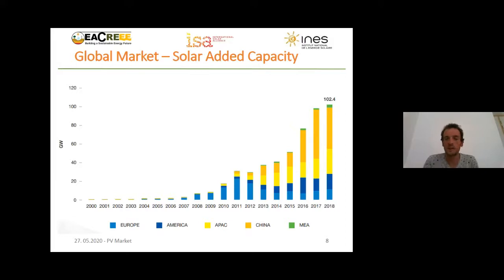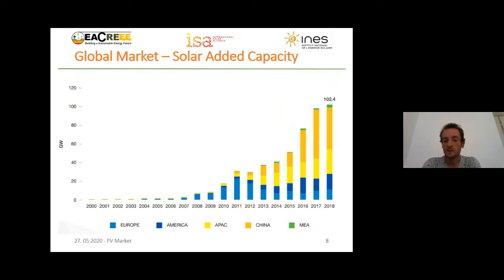So let's go back to this global market, and especially solar. This graph is the latest data on global solar market, and it illustrates the annual solar added capacity as a percentage for each part of the world.